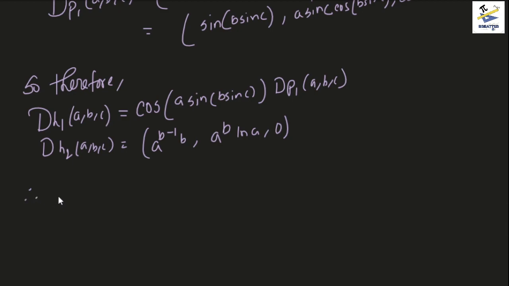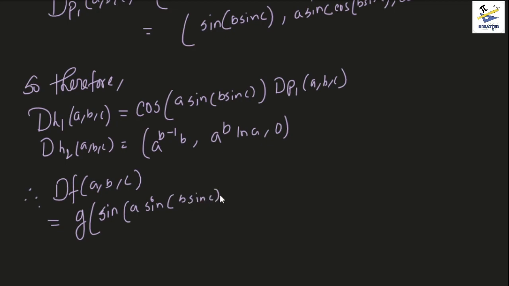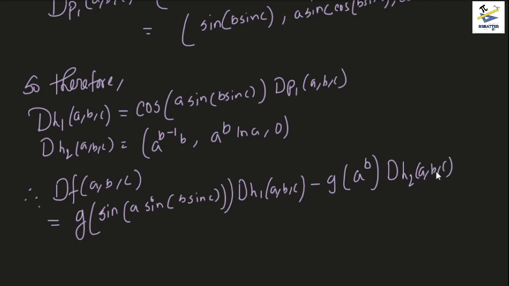Therefore df of a b c is simply equal to, now we understood the function and we can now find out that this is simply equal to sine of a sine of b sine c multiplied by dh1 of a, b, c, minus g of a to the power b multiplied by dh2 of a, b, c, which is the answer.